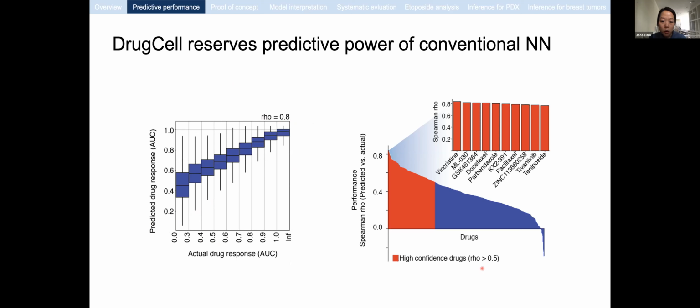The second waterfall plot shows the list of drugs sorted based on per drug performance. The red area is the drugs with Spearman rho bigger than 0.5, which are used for most downstream analysis moving forward. The inset shows the top 10 drugs with DrugCell's high prediction performance, and those cover drugs in different target classes.